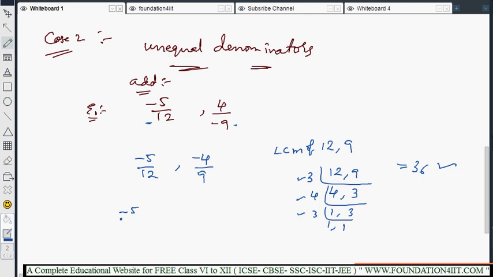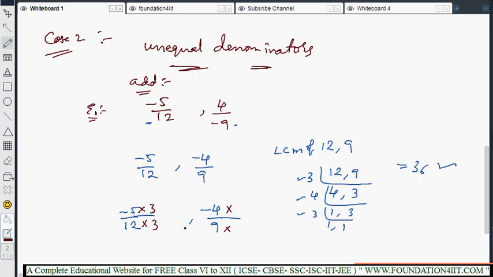So we should make the denominators 36 for both fractions. Minus 5 by 12 and minus 4 by 9 are the given rational numbers. So what do we need to multiply? With the same number you should multiply separately. We should make 36. If you want a denominator of 36, I should keep 3 here, because 12 threes are 36.